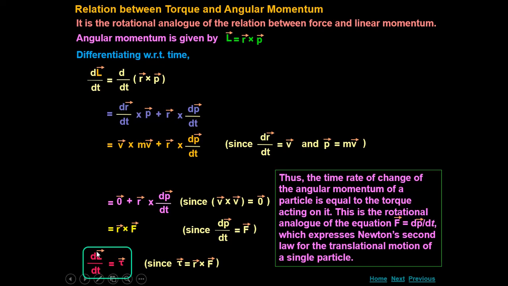The rate of change of angular momentum with respect to time is nothing but torque, or torque is equal to the rate of change of angular momentum with respect to time. So this is how we should understand the relationship between torque and angular momentum.